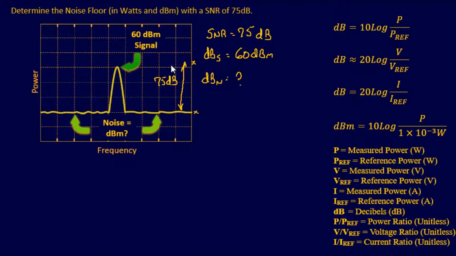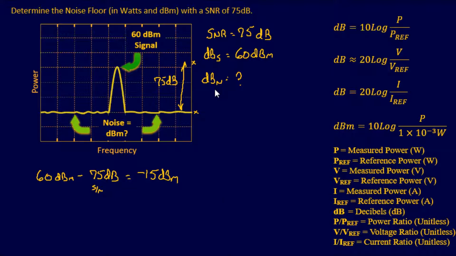So we already know this is 60, and it takes us 75 decibels to get down to noise, which means you're going to take your signal, which is 60 decibel milliwatts, minus 75 decibels, and that's going to equal negative 15 decibel milliwatts.